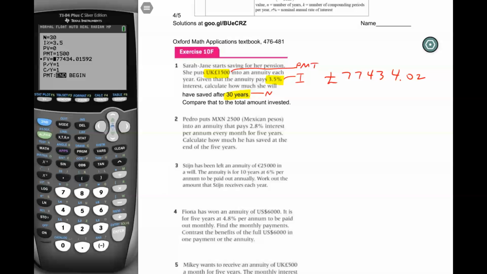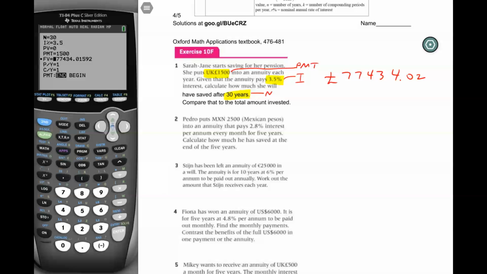So she put in 1,500 per year every year for 30 years. You would expect to have around 30 times 1,500, which is about 45,000 pounds, and you actually have much more because of the interest.